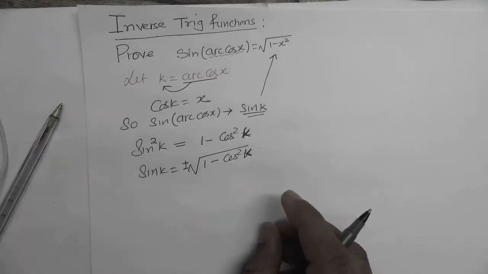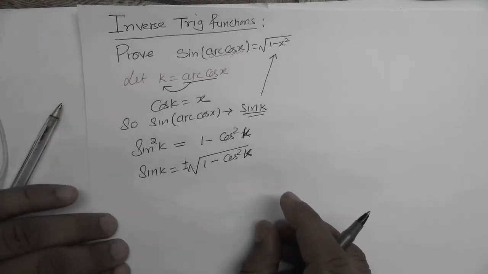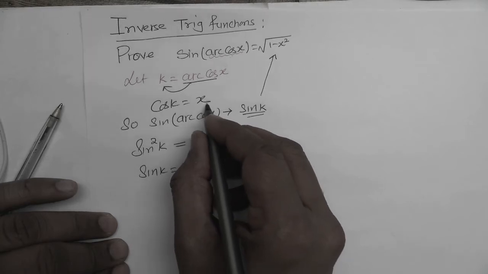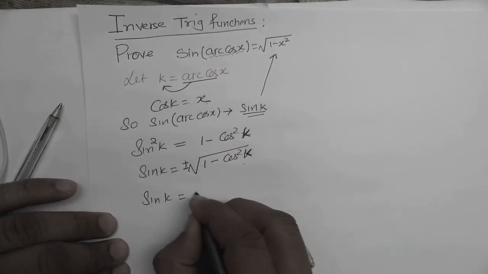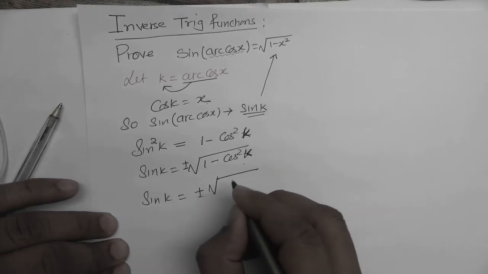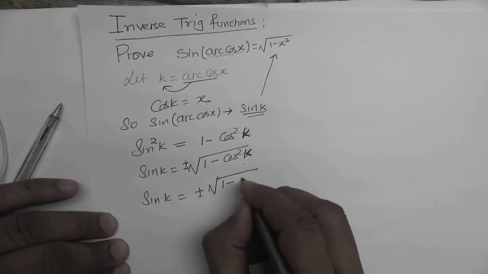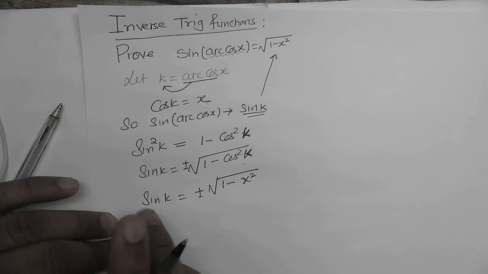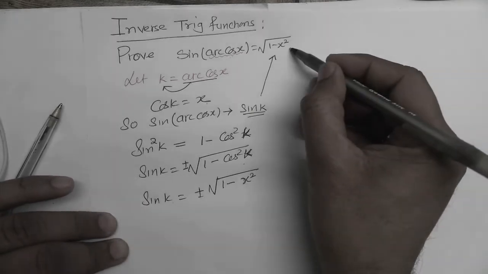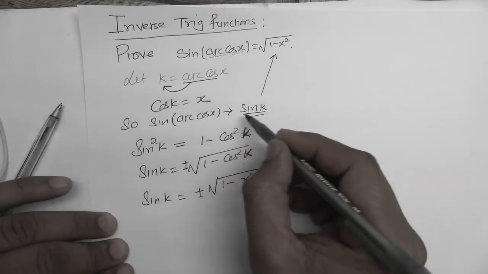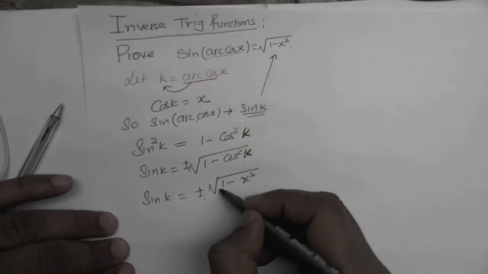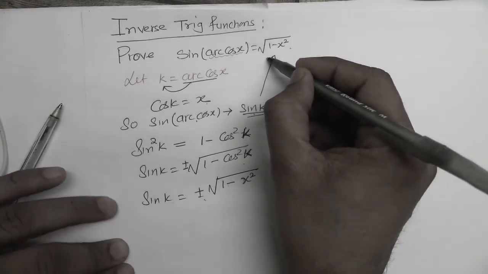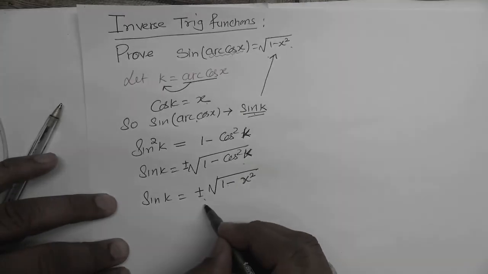Okay, so now guys, cos k is x, right? So I can write down sine k is equal to plus minus the square root of 1 minus x squared. So I've got roughly sine k, which is this, but now I have to make sure why is this just a positive answer and how will we reject the negative value in here.